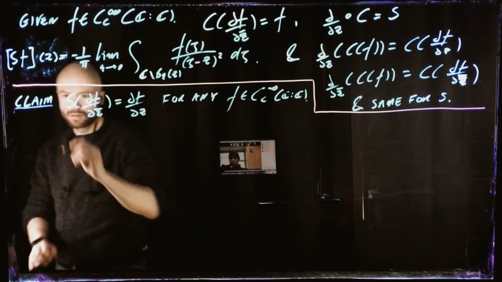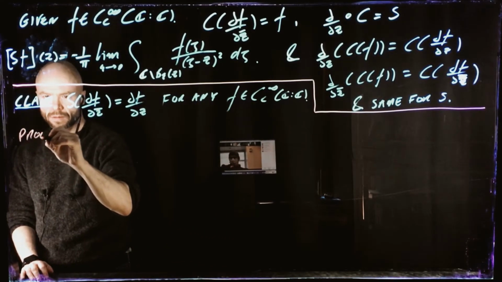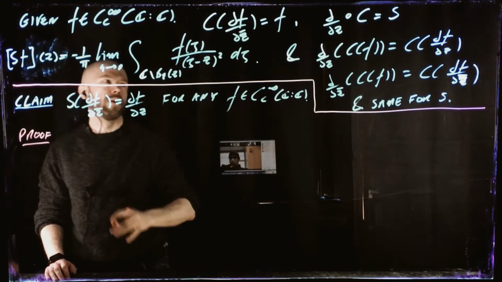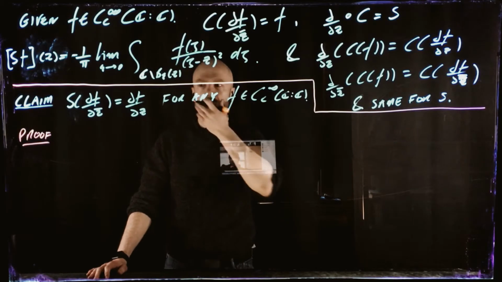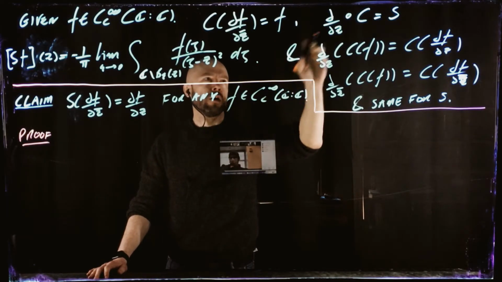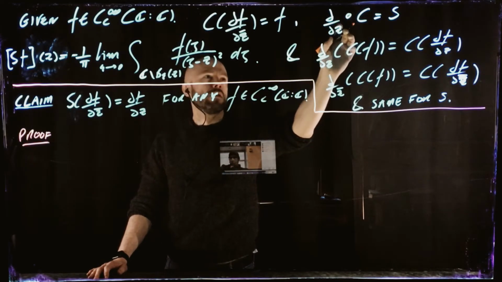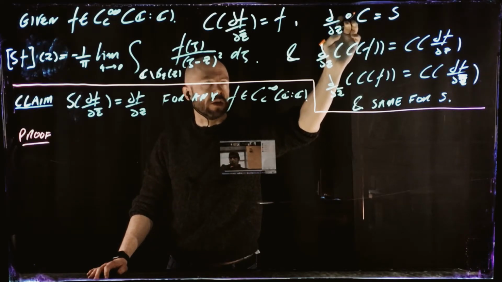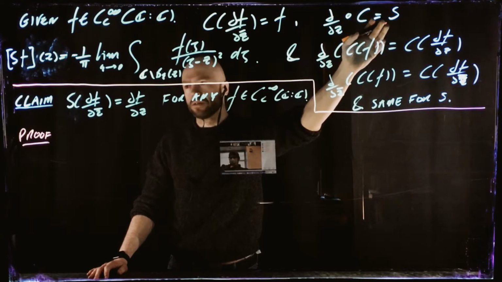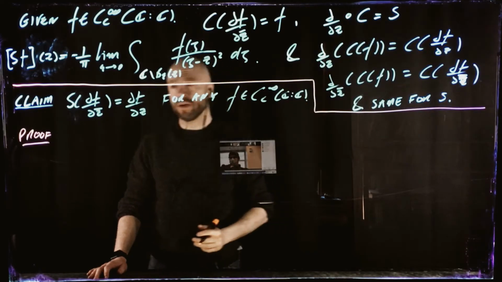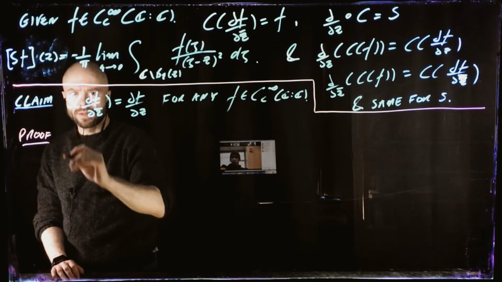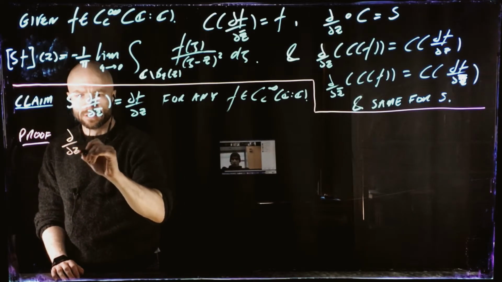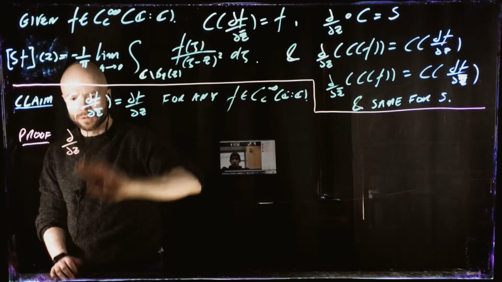And why so? Let's look at what we know from these identities here. We know that the conformal derivative applied to the Cauchy transform gives us this guy here, the Beurling transform. So let's write that. Let's do this one step at a time.